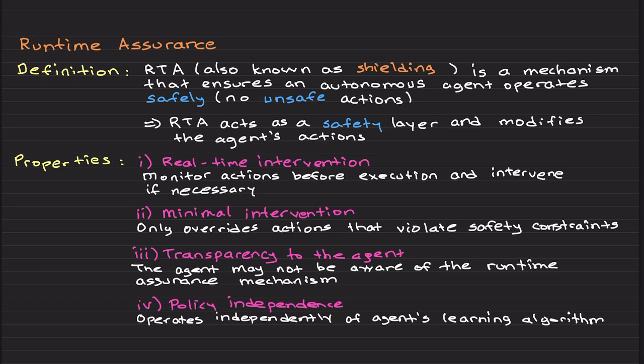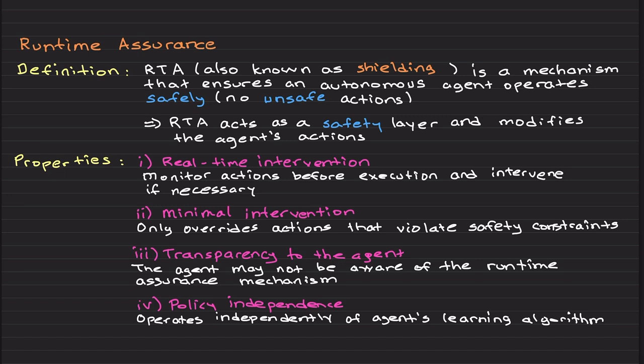You don't want it to override the efficiency of the algorithm, so it only overrides actions that violate safety constraints, again, hitting a vehicle, a pedestrian, you name it. And since it acts in the background, it may be transparent to the agent, so the agent may not be aware of the runtime assurance mechanism.